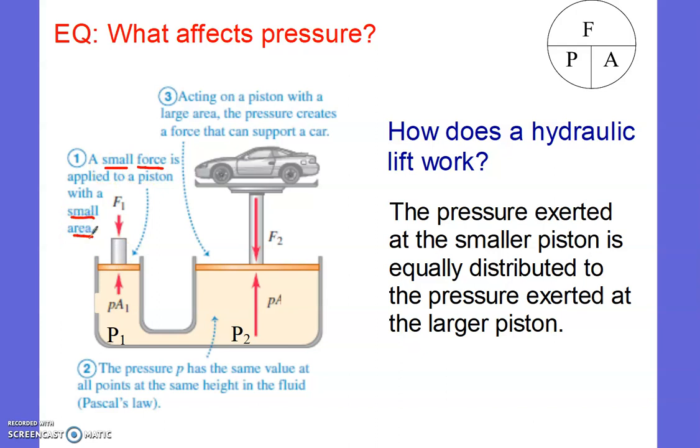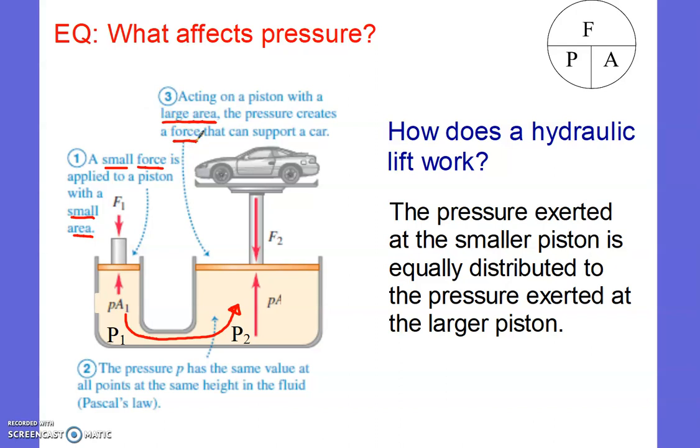Now the pressure is transferred from the smaller piston to the larger piston. Because the larger piston has a larger area, it will also have a larger force, and therefore it can lift the car.